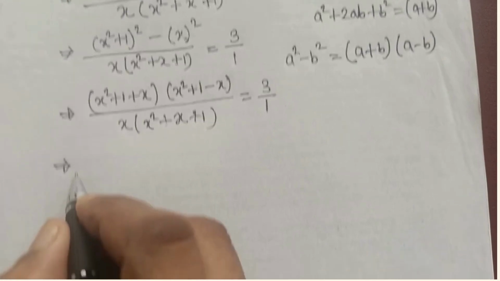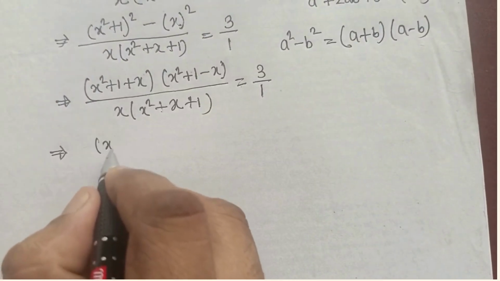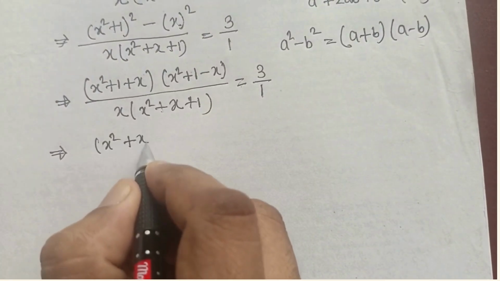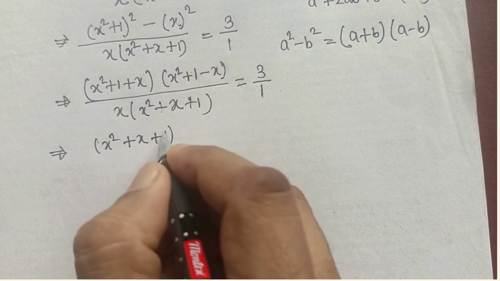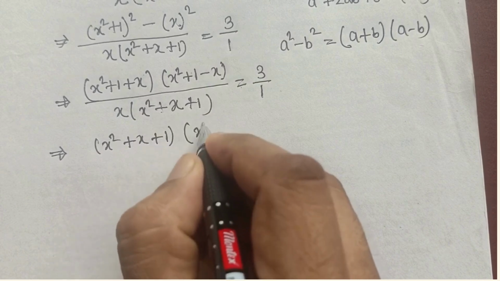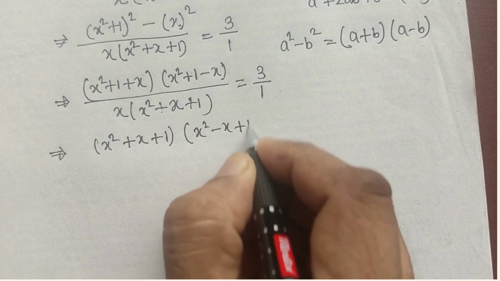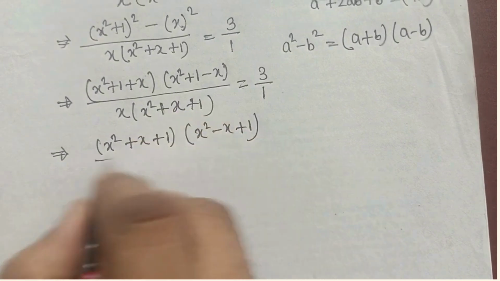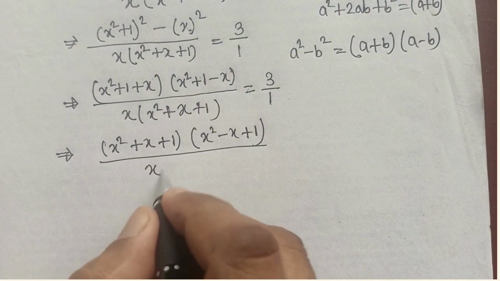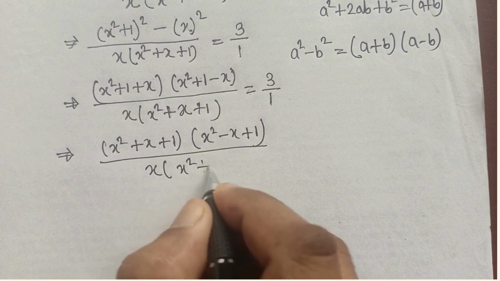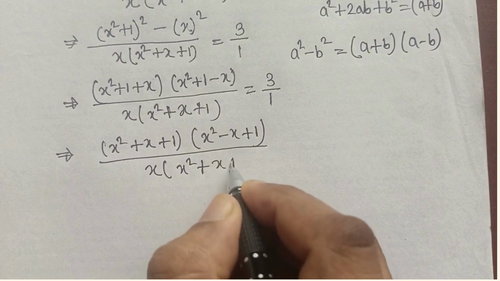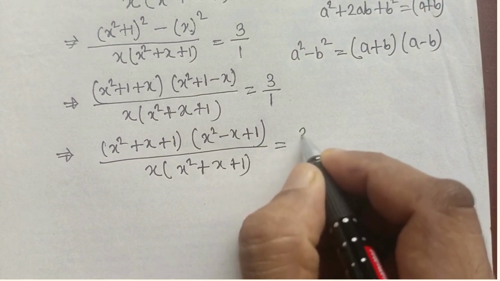Now it can be expressed like this: (x^2 + x + 1)(x^2 - x + 1) by x(x^2 + x + 1) equals 3/1.